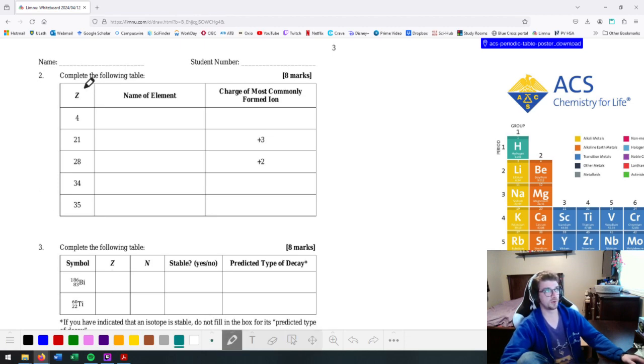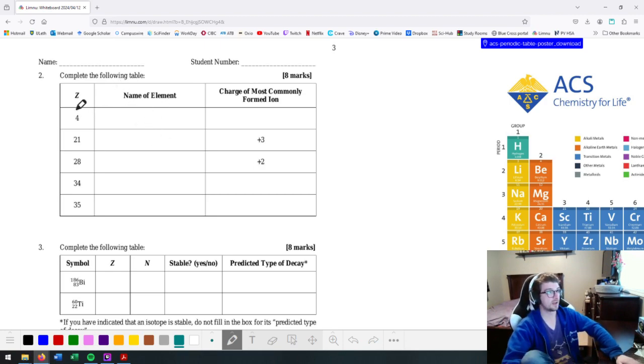So we'll start with, complete the following table. We're given in all of these cases the value Z, and what Z is referring to here is the number of protons that are in the corresponding element, which directly corresponds to the atomic number on the periodic table.